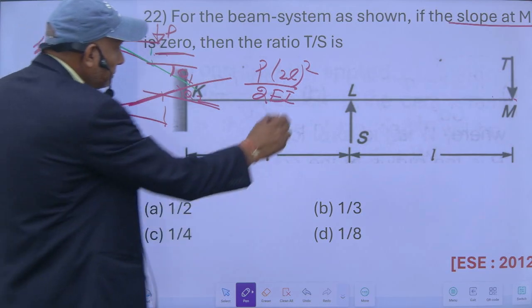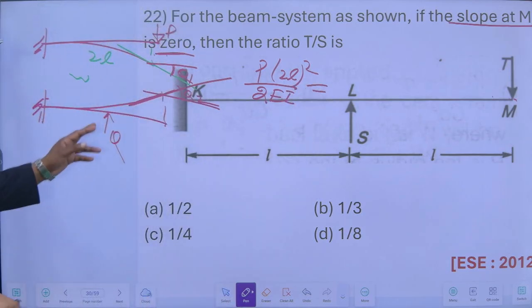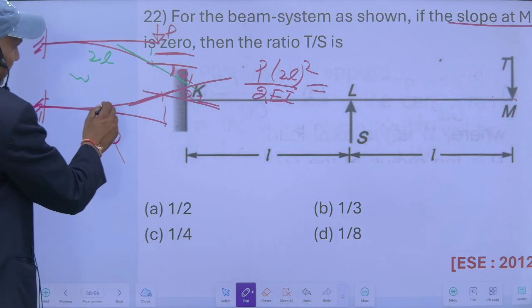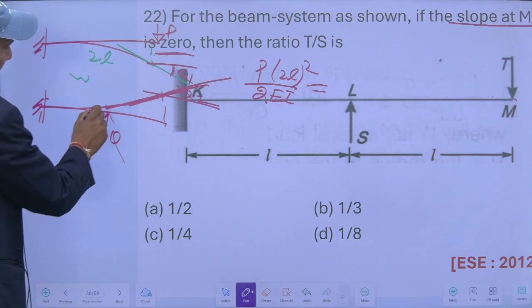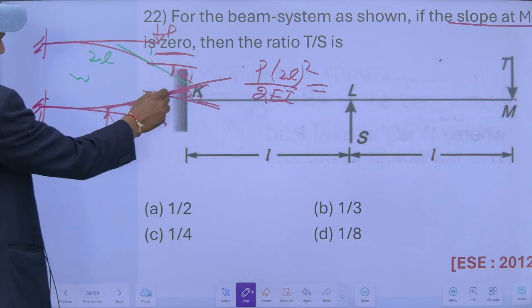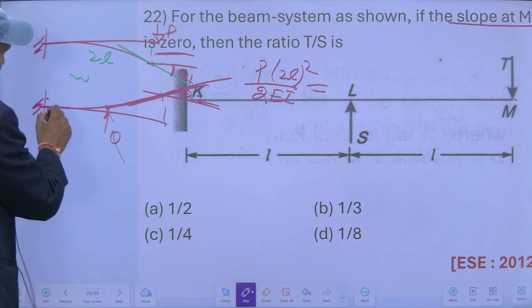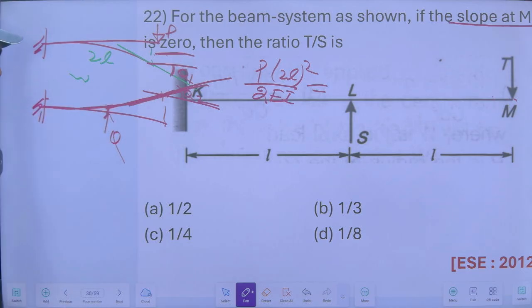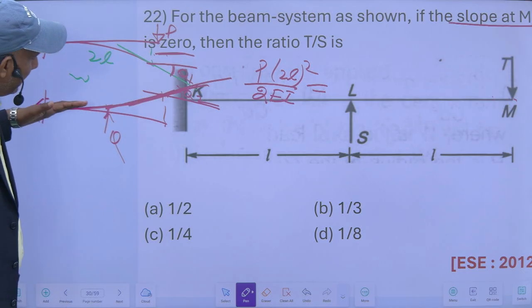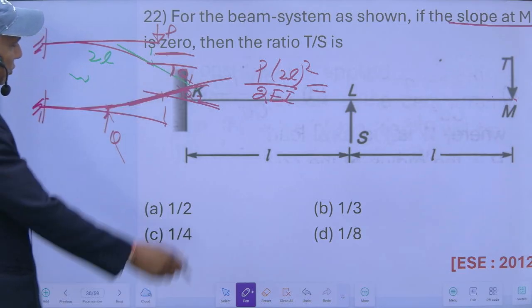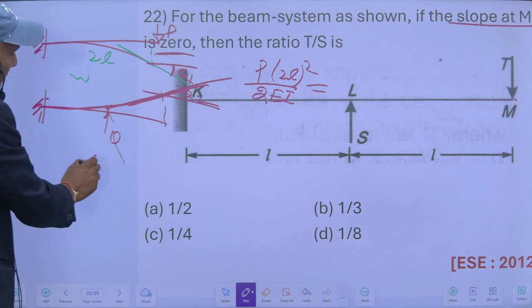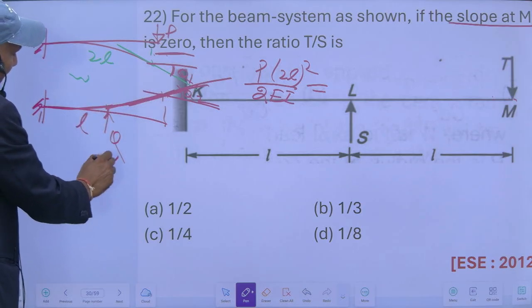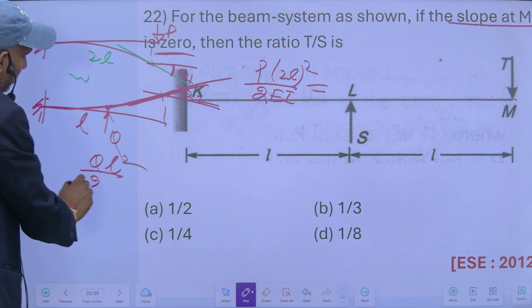And in this case, from this point onward, it will be a straight line. So whatever the slope at this point, this slope will continue. It will be parabolic from here to here, but from Q onwards, it will be a straight line. So my slope at this point is equal to the slope at this point, and the slope at this point is QL square upon 2EI.